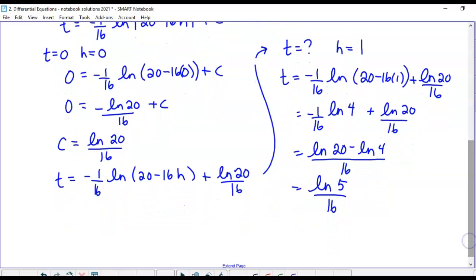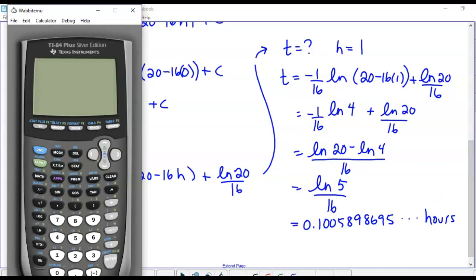If you simplified it, again, you need to find the decimal answer. We didn't say what to round to, but if you calculate that, you get 0.1005898698695, and that is in hours. So let me just get that out here.